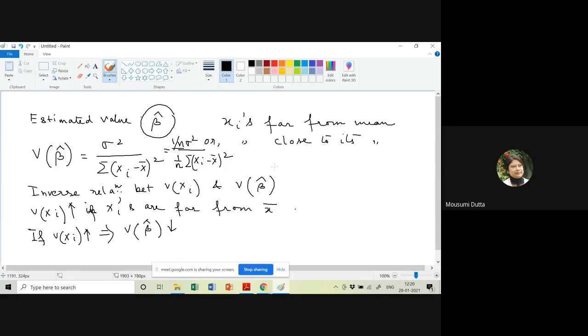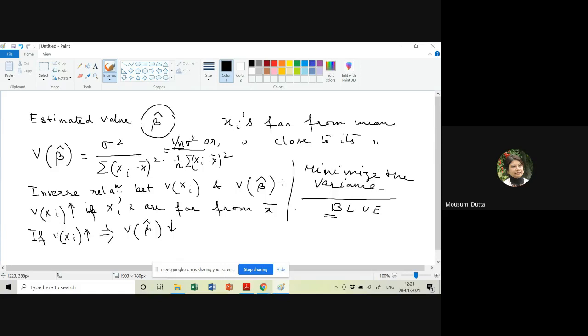And our objective is to minimize the variance, because we want to find the best linear unbiased estimators. This means we need to minimize the variance. So if xi's are far from the mean, the variance of xi will increase, and that in turn will reduce the variance of beta hat.